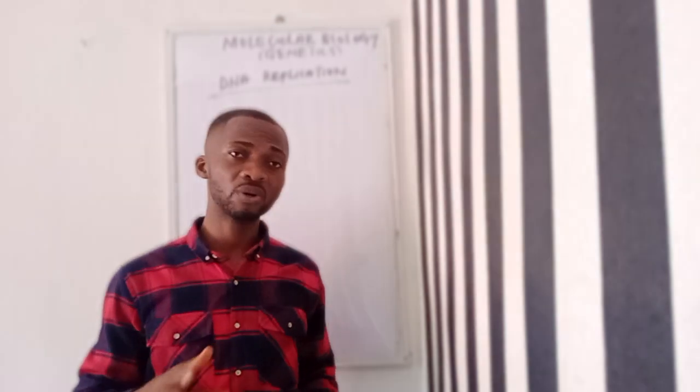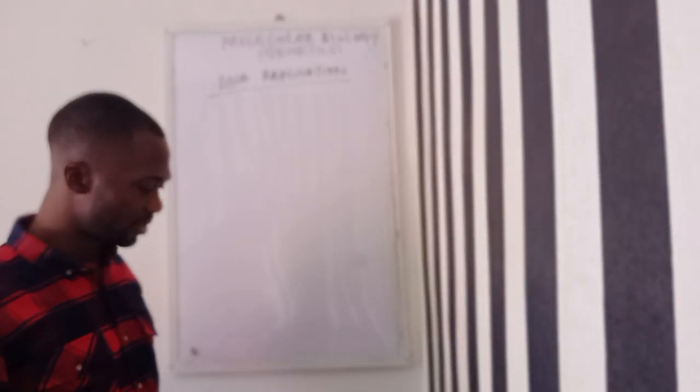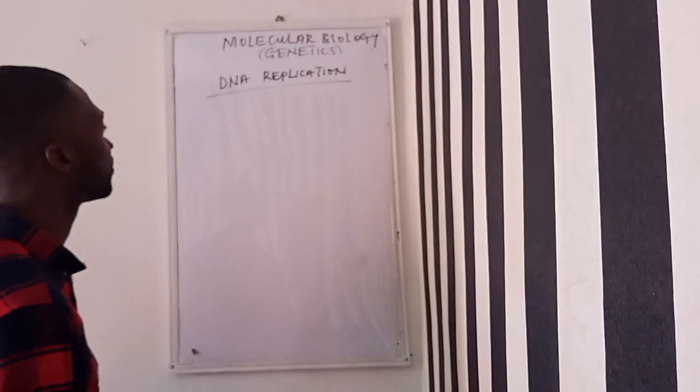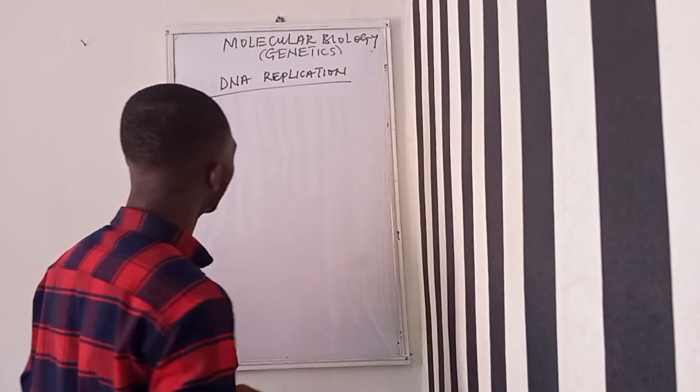Of course, this process of DNA replication occurs during cell division, the meiosis and the mitosis. When this occurs, it is important that the DNA replicates. So let's look at some of the enzymes involved in DNA replication, or by extension, how the DNA replicates.